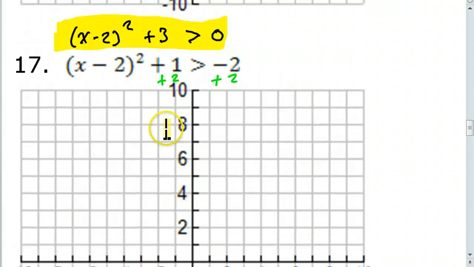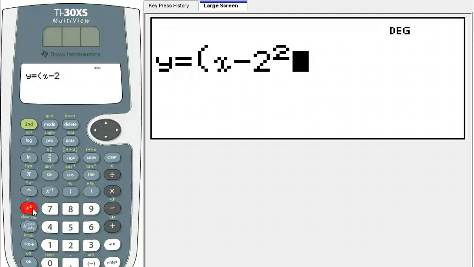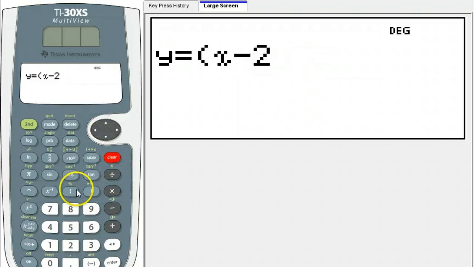Okay, and so let's just put this in our calculator and get our table of values. Okay, so we have x minus 2, whoops. Let me try again.